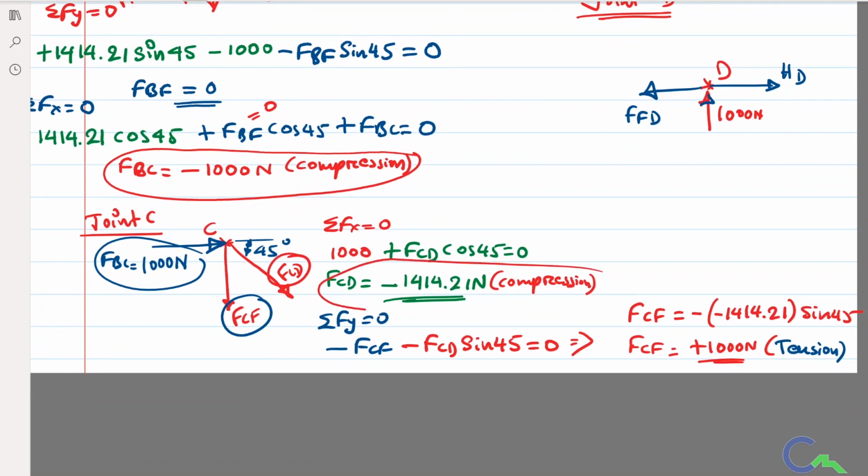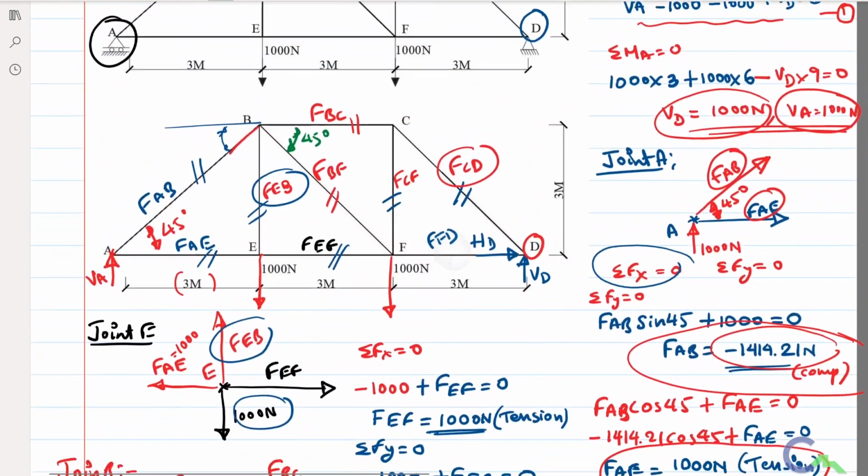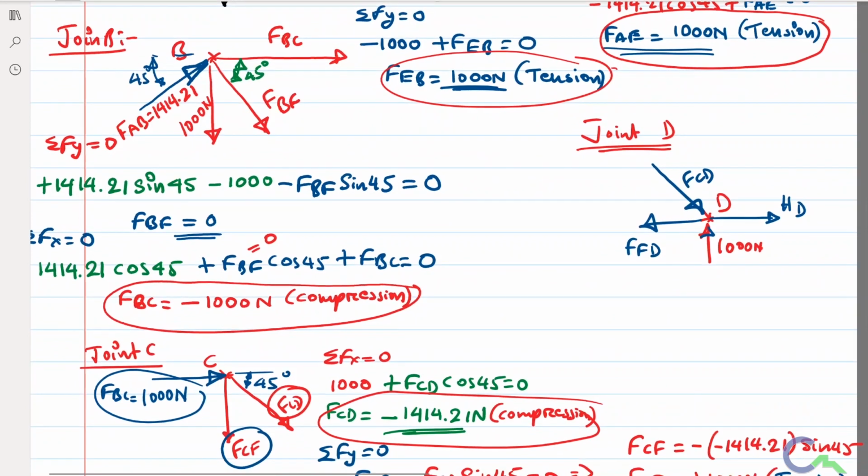I got compression. So while taking here, compression means it is moving towards the point, that is FCD. If I see in the figure, that is FCD. I change the direction according to the answer. Therefore that value I will take positive because I changed the direction.